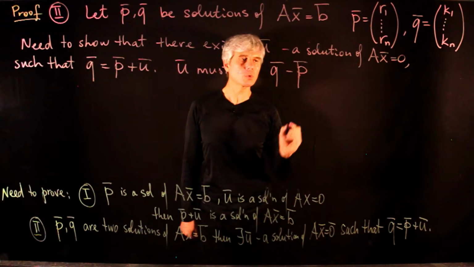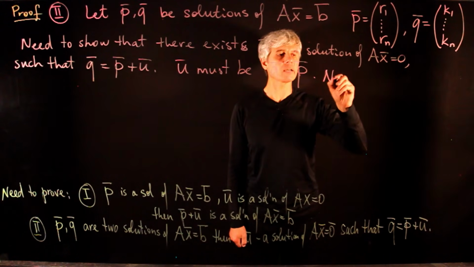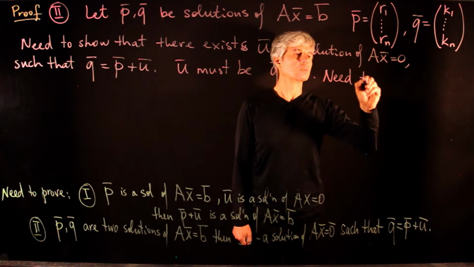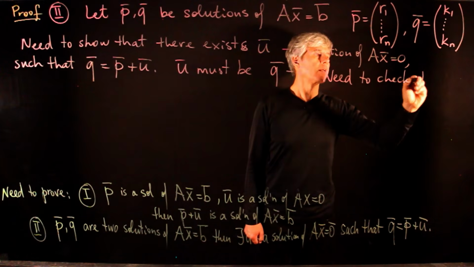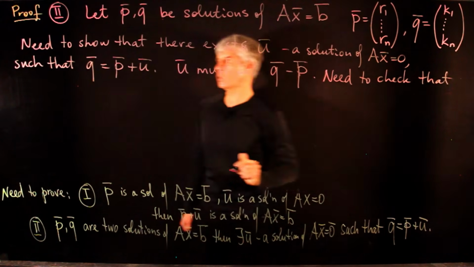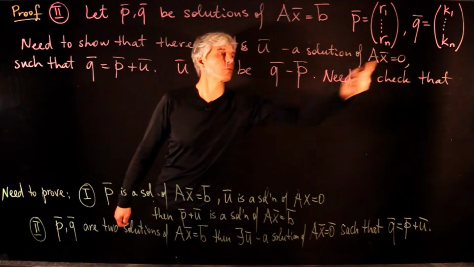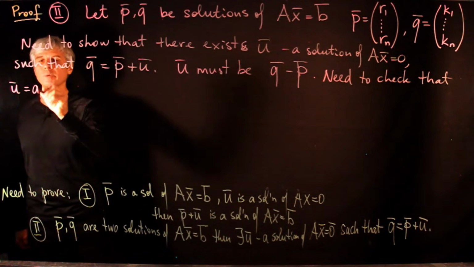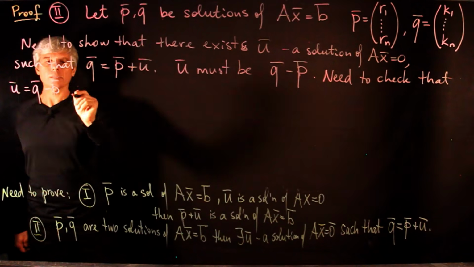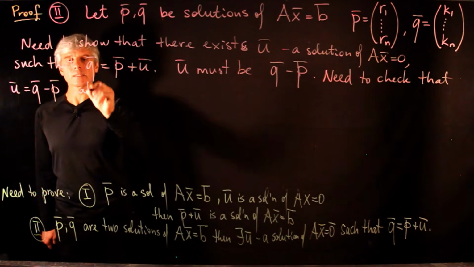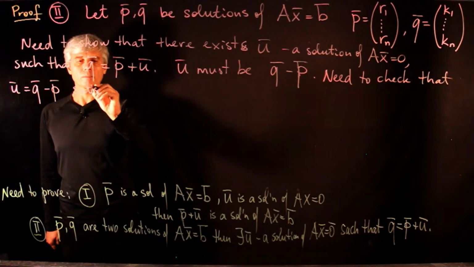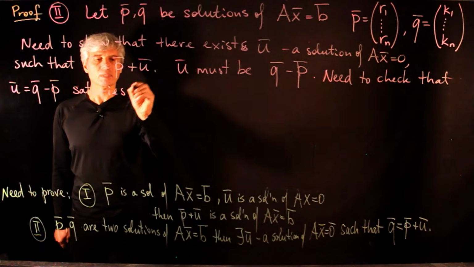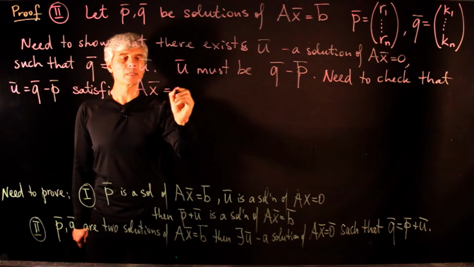So what we need to do is check that this u, which is q minus p, satisfies Ax equals 0.